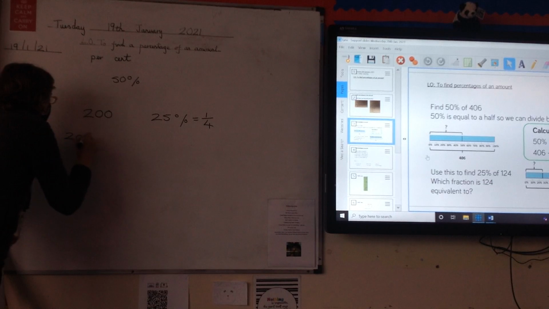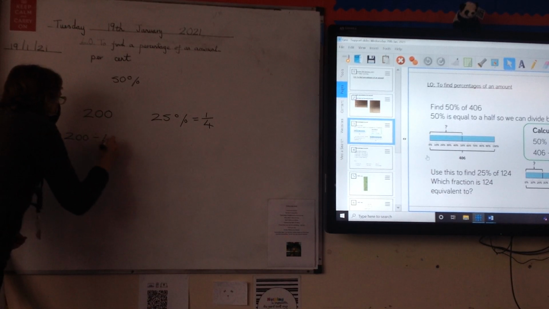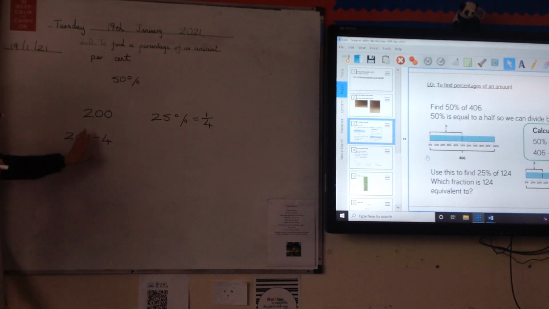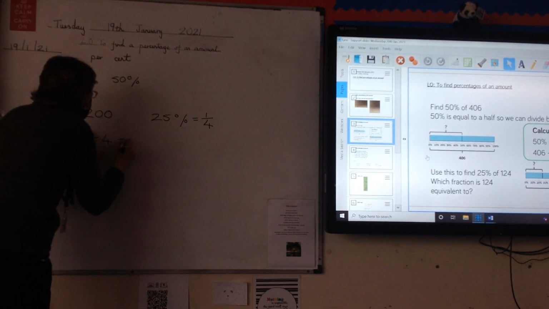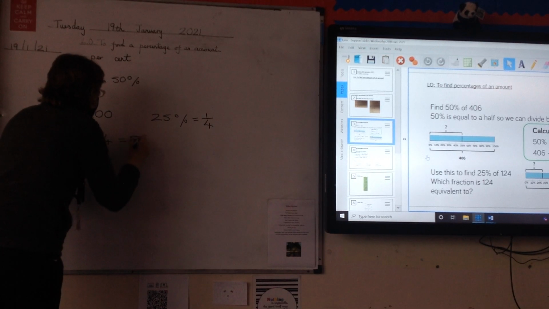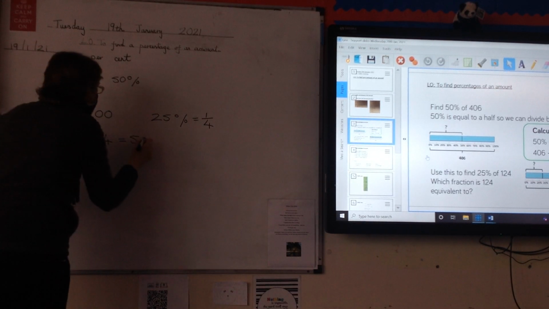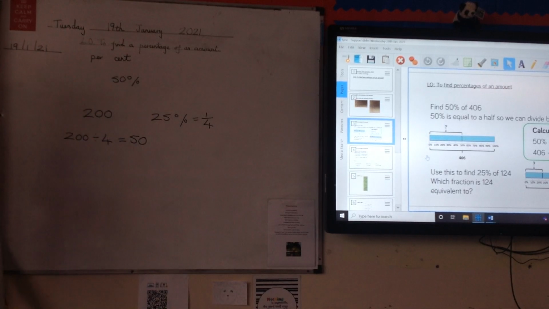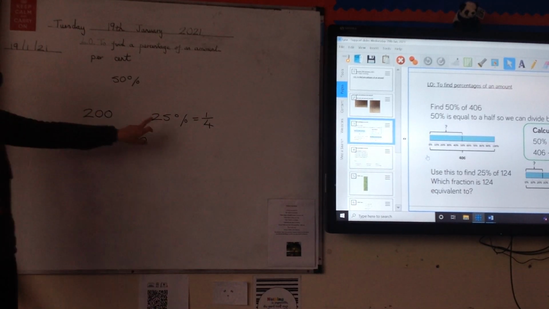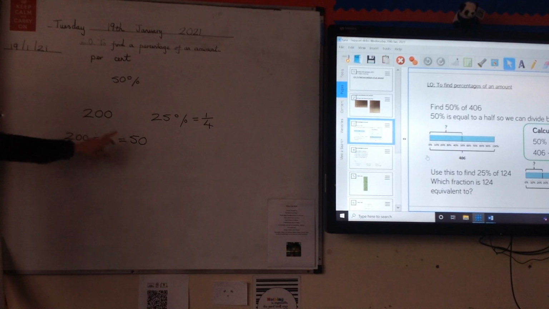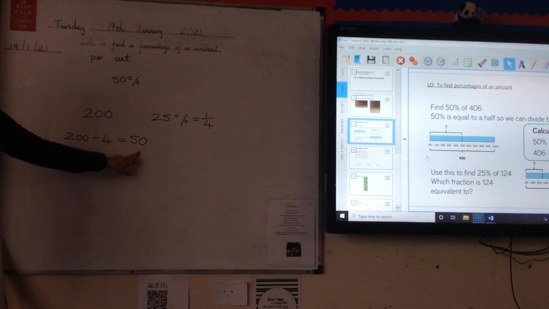So 200 divided by 4. If you're not sure about that, if you cover up one of the zeros, 20 divided by 4 is 5. And then put the 0 back, it's 50. So 25% of 200 would be 50. Is everybody all right with that?